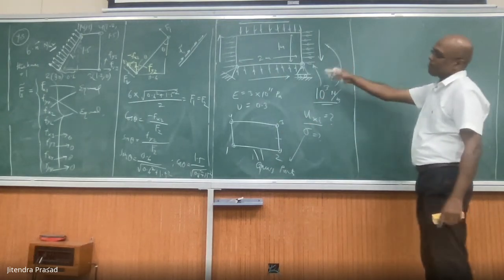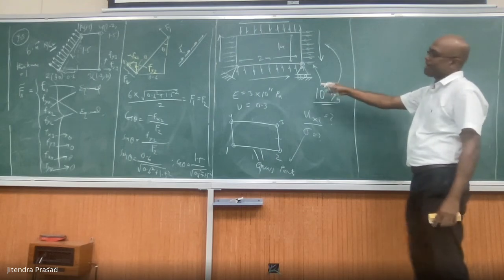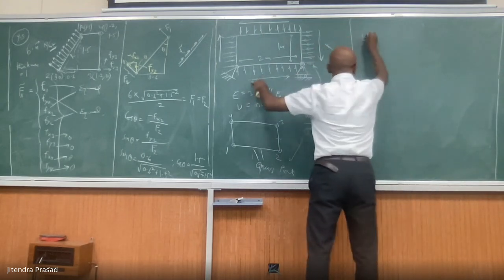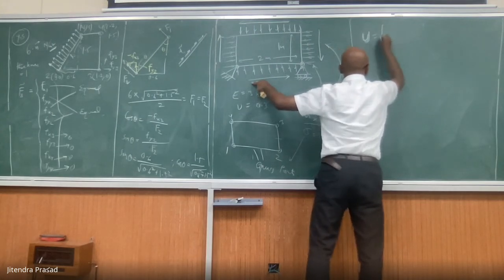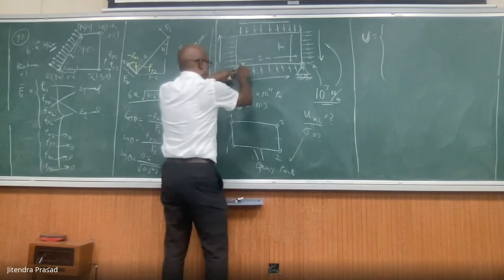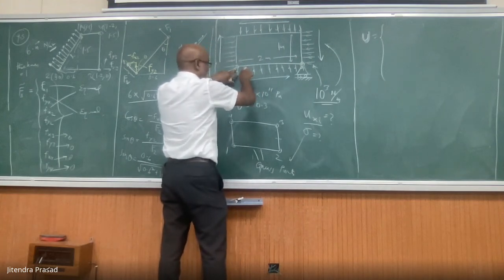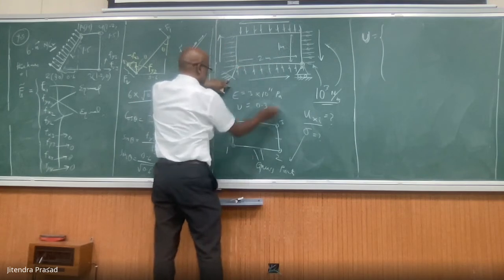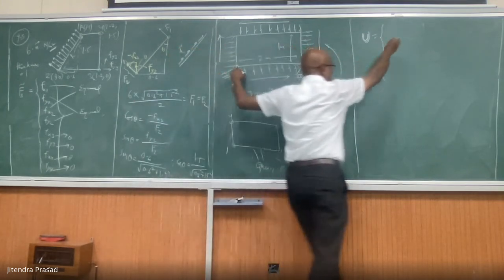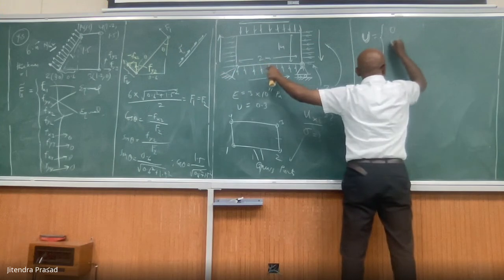The main thing here is finding out the u vector. This is a u vector, which will have how many displacements? Whatever displacement you write here, this is number 1, 2. First will be, second will be, third will be.